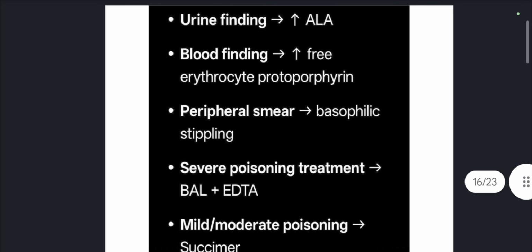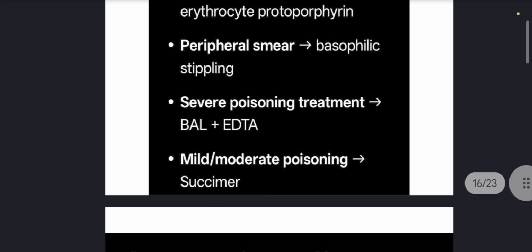In urine finding, we get increased ALA amount. In blood finding, we get an increase in free erythrocyte protoporphyrin. In peripheral smear, we get basophilic stippling. In severe poisoning, we give BAL plus EDTA because EDTA does not cross the blood-brain barrier. And in mild and moderate poisoning, we give Succimer, which is DMSA.